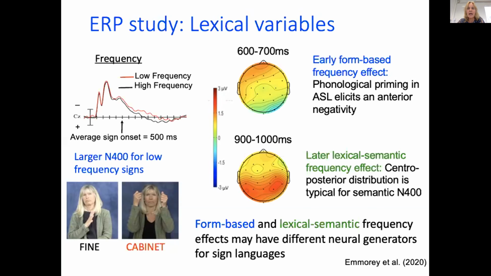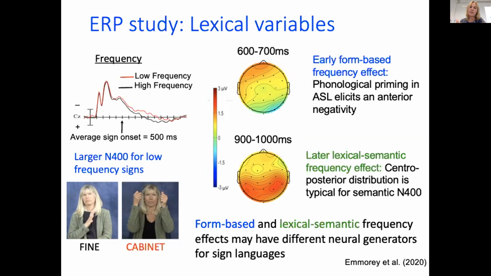The first one has a more anterior distribution. And we actually hypothesize that this is a form-based frequency effect. One of the things psycholinguistic models have proposed is that frequency can be represented in two places within the lexicon, one at the form level, but also at the lexical semantic level.